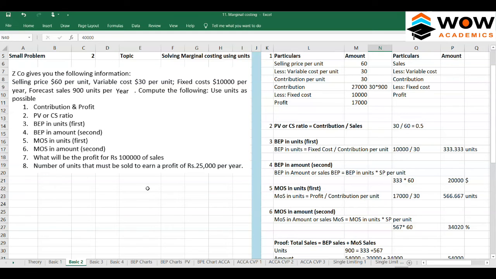Number of units that must be sold to earn a profit of 25,000. So we'll just type the question here. Number of units to be sold to earn 25,000.